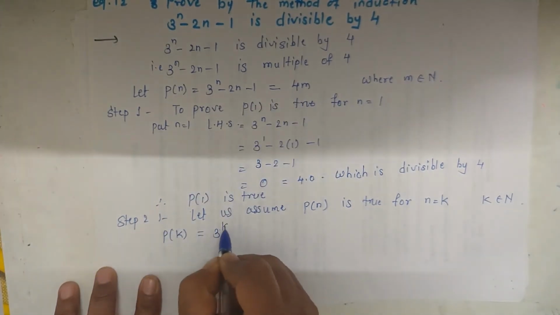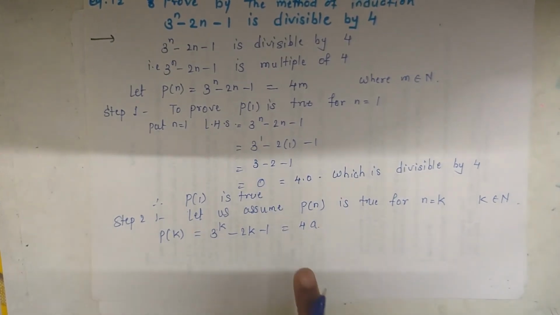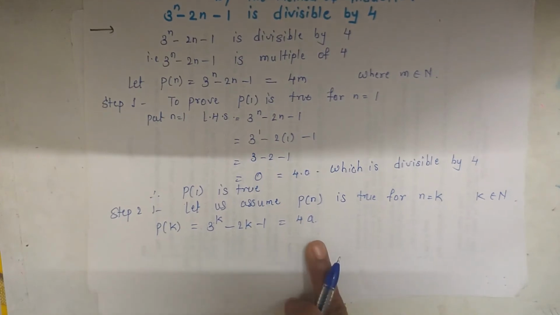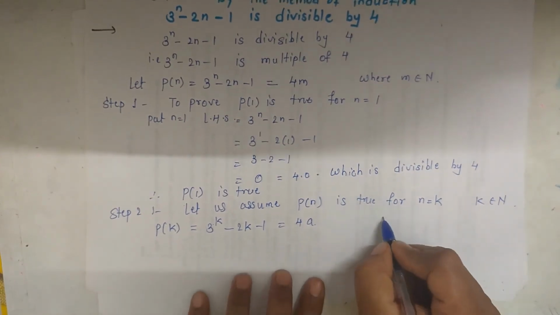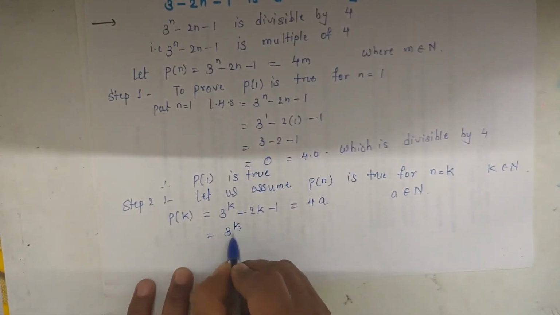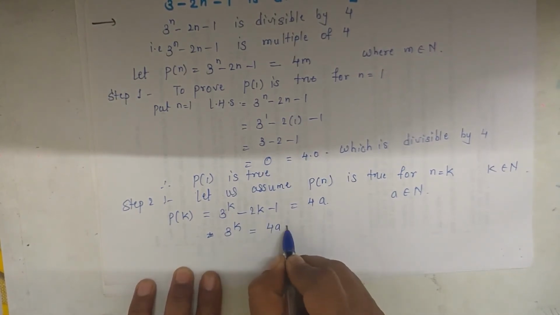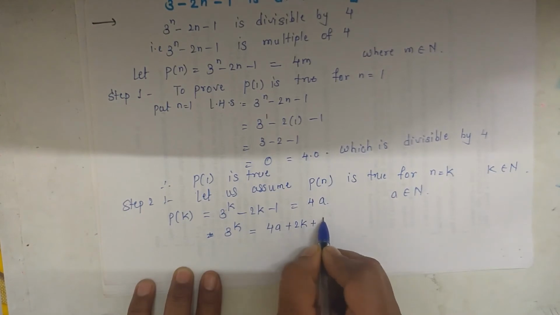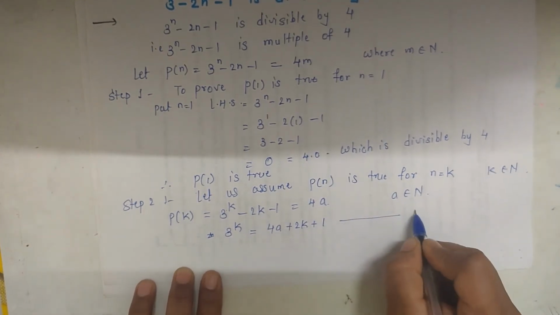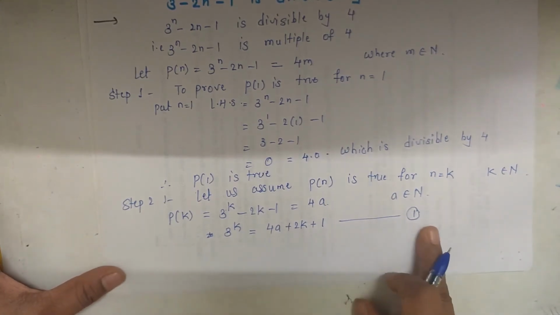So here 3 raised to k minus 2k minus 1 is equal to 4a, where a belongs to the natural numbers. The value of 3 raised to k is equal to 4a plus 2k plus 1, and this is called equation number 1.